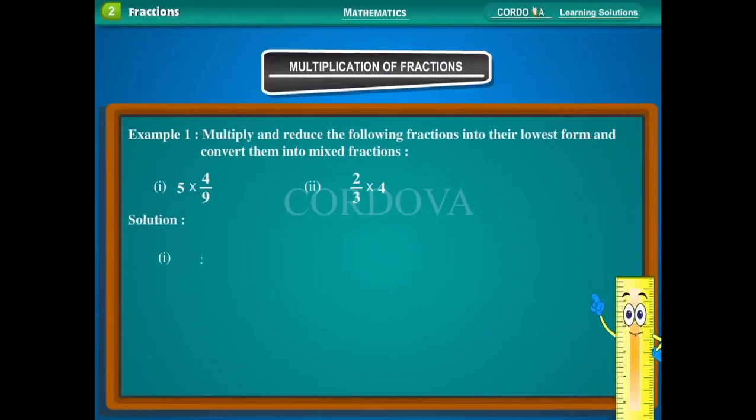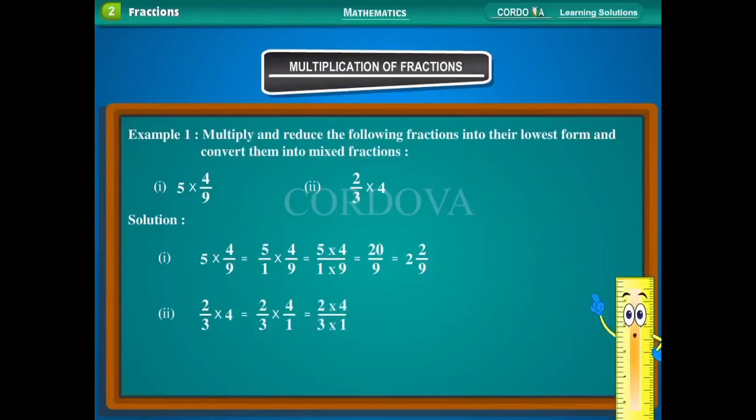Solution. 5 into 4/9 is equal to 5/1 into 4/9, which is equal to (5 into 4)/(1 into 9), which is equal to 20/9, which is equal to 2 and 2/9. 2/3 into 4 is equal to 2/3 into 4/1, which is equal to (2 into 4)/(3 into 1), which is equal to 8/3, which is equal to 2 and 2/3.